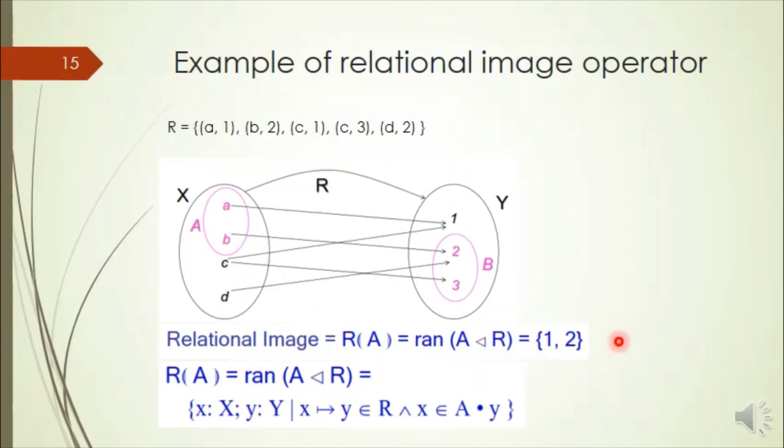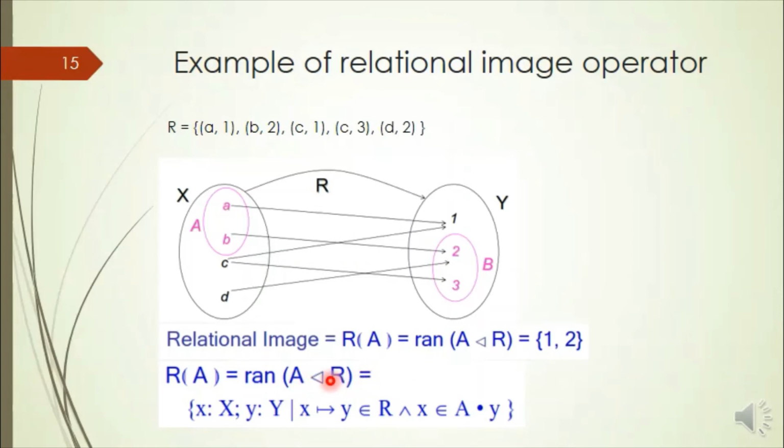Now the question arises, we have another operator which is known as domain restriction, and in the domain restriction operator we also have two arguments, a relation and a set.